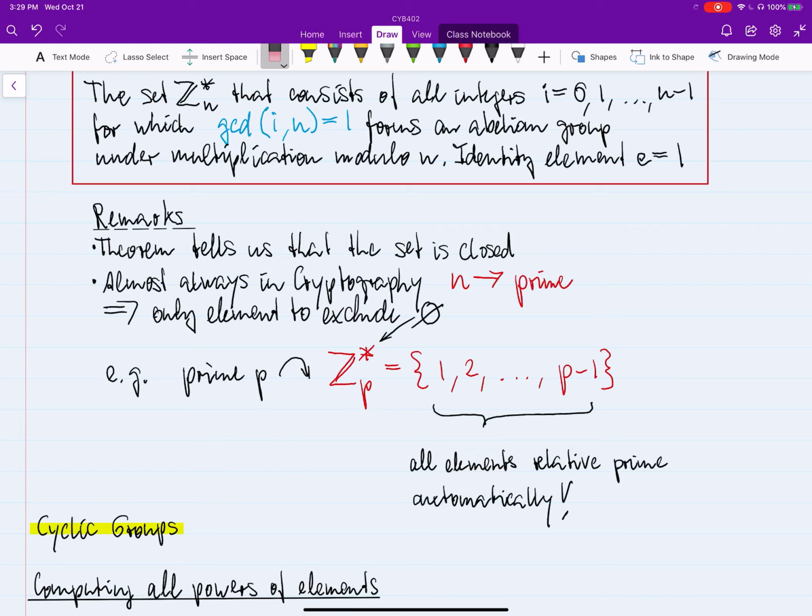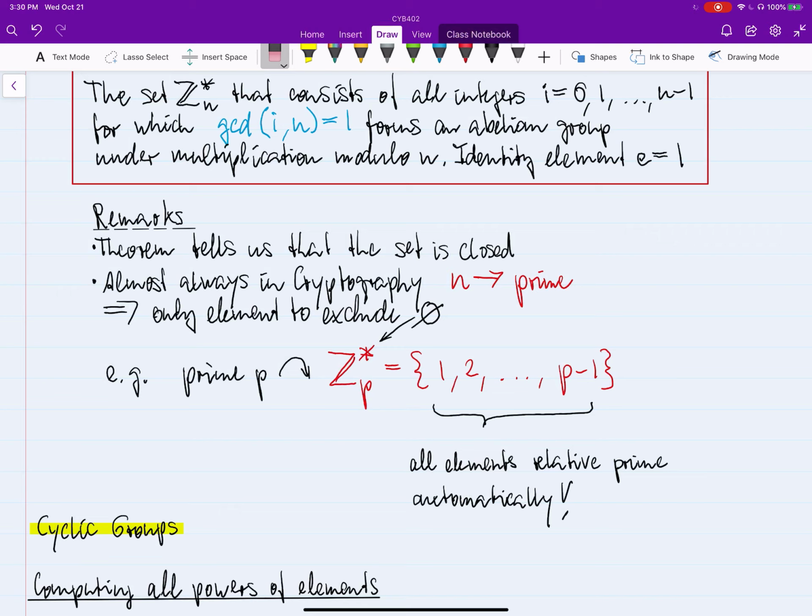Under this condition, all of the elements except 0 do not share a factor other than 1. So all of the elements are relatively prime to p because p is a prime itself. So this is automatically fulfilled except for 0.